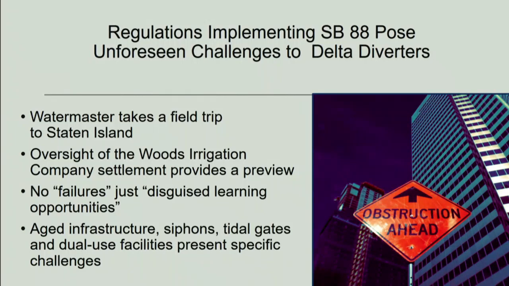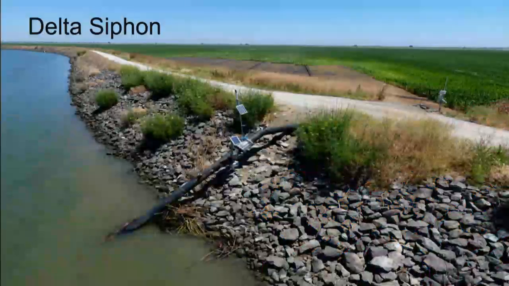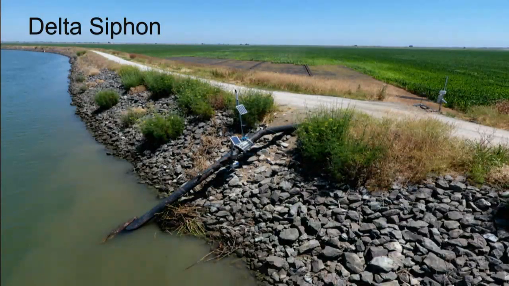So you've got tidal gates, you've also got situations out there where you've got a number of farmers working together on a single diversion structure and then a long ditch where they all share water. And it was very difficult for them to figure out how to allocate the water among those folks along the ditch. So this is just one example of the situation that we got into here.